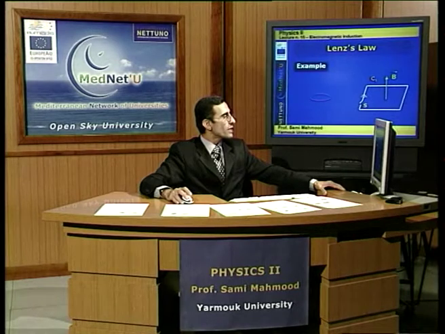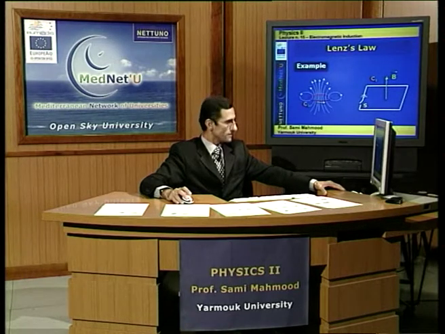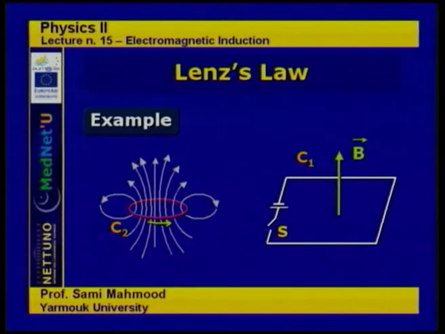And now if we have, for example, a circuit, this circuit C1 will have no current when the switch S is open. Now, if we close the switch S, then the magnetic induction produced in C1 will start to be introduced in space, and it will cross this loop.